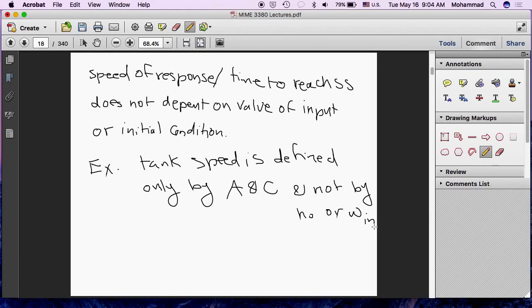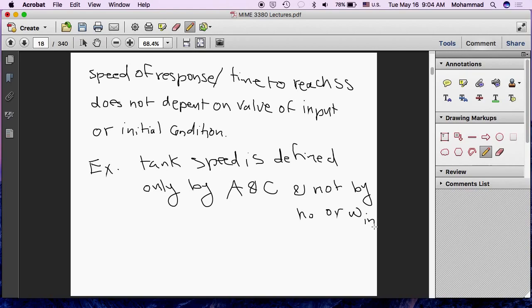They have no bearing. H naught or Wn do not define the speed of response. In other words, if you plot the response for a completely different value of Wn, what would change is the steady state, the value of the steady state response, but its speed will not change.